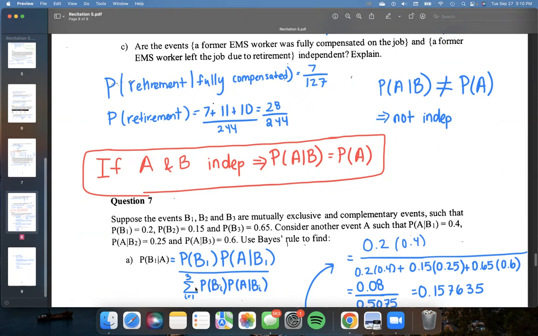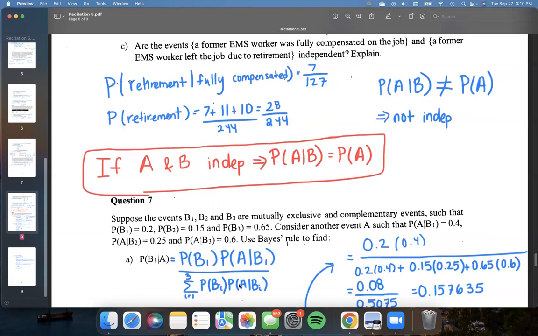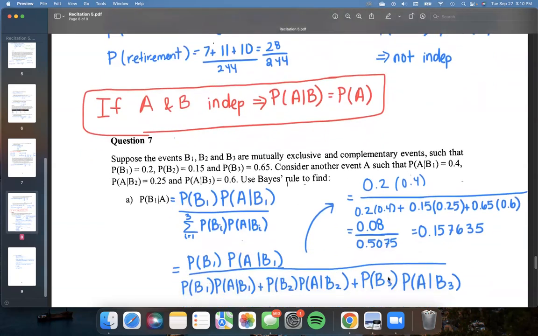If we unpack the denominator, which looks scary but is not that bad, we have the probability of B1 times the probability of A given B1, plus the probability of B2 times the probability of A given B2, plus the probability of B3 times the probability of A given B3.